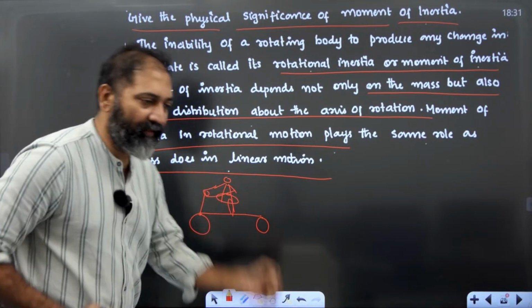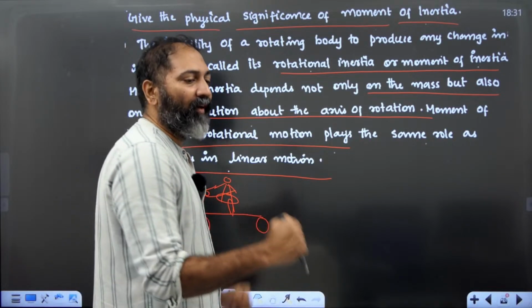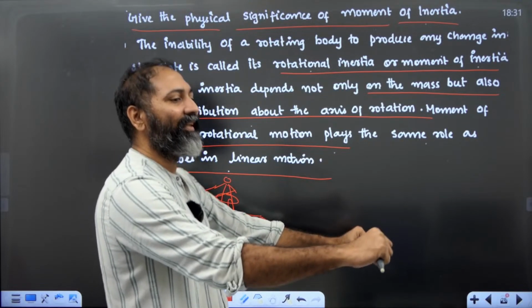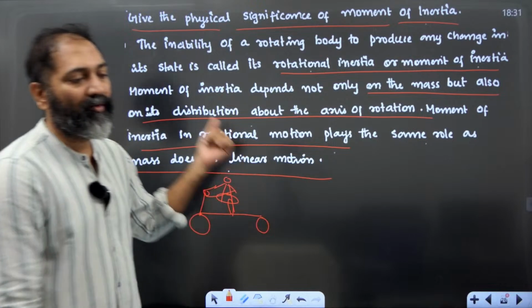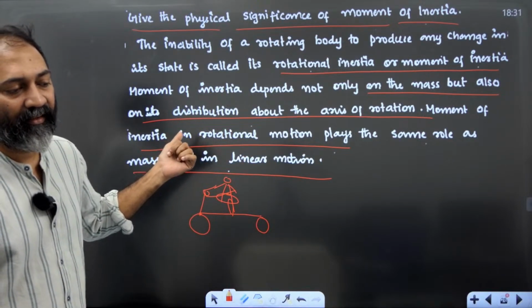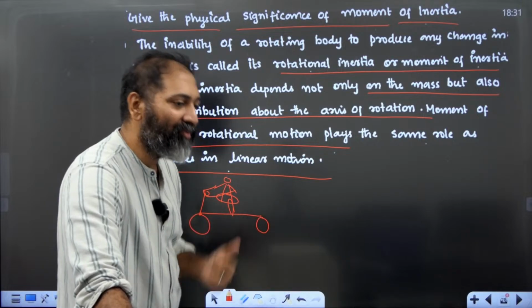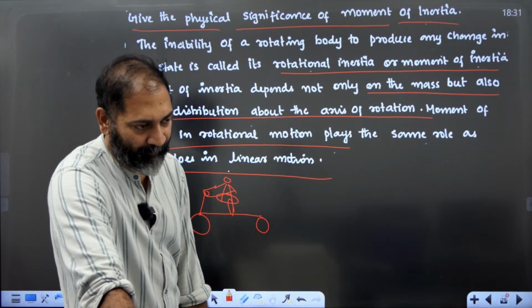After pedaling for 5 seconds, I will simply sit on the cycle, and the cycle by itself will move. Why? Because of moment of inertia. A rotating body continues to be in its state of rotation because of moment of inertia.